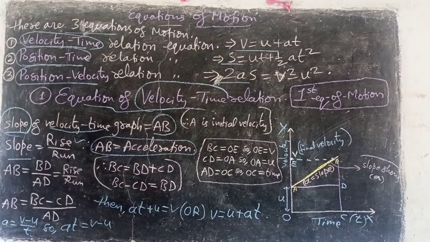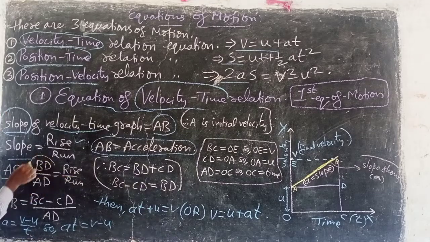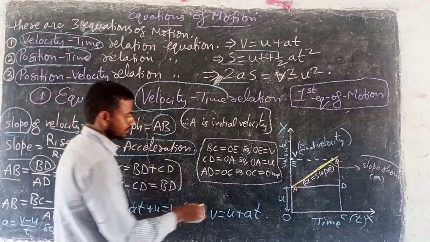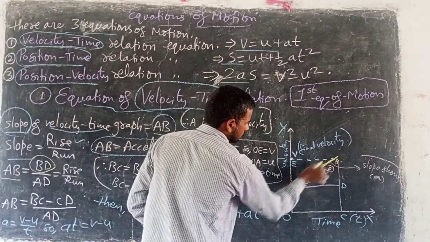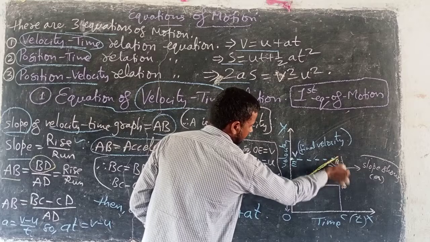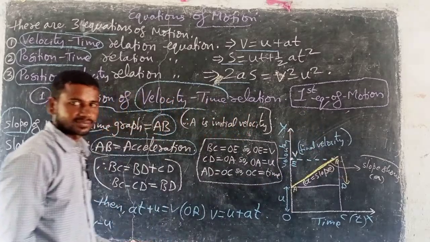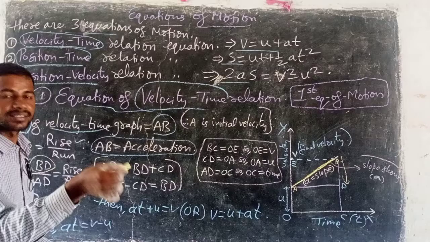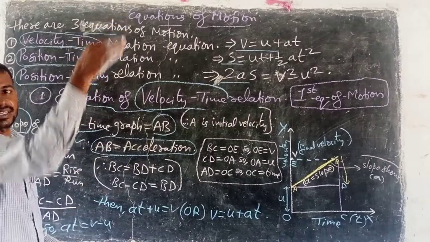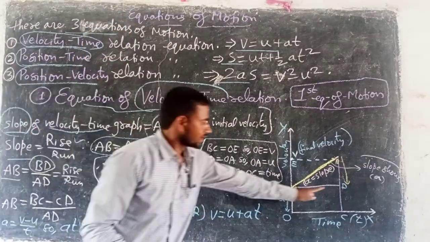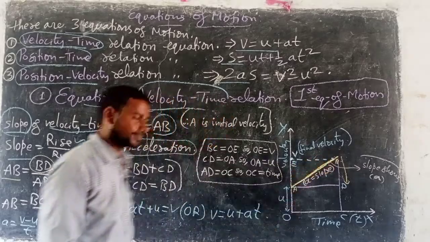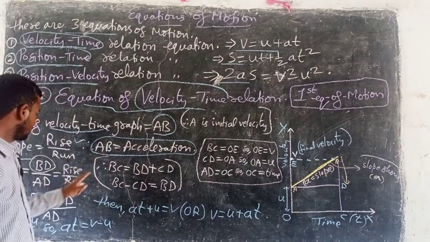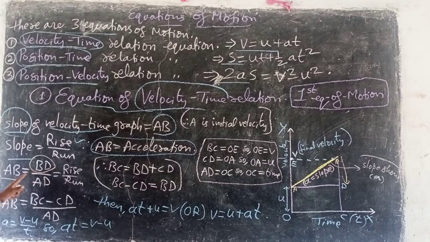AB is equal to BD, yes or no? How much rise? BD is the rise.